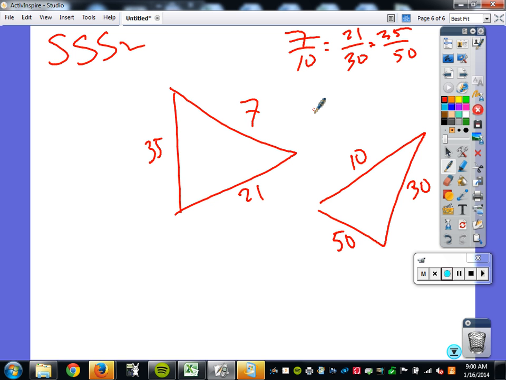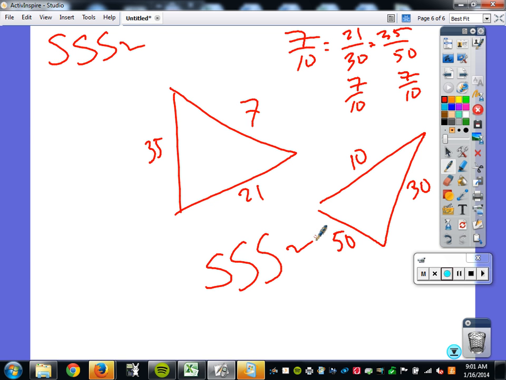You guys see how they have a 3? So that comes down to 7 tenths. Oh, look, that's nice, huh? How about 35 and 50? They have a 5. That is 7 tenths. Because the sides are all proportional, I know that this triangle is similar by side similarity. I know these two are equal. Okay?